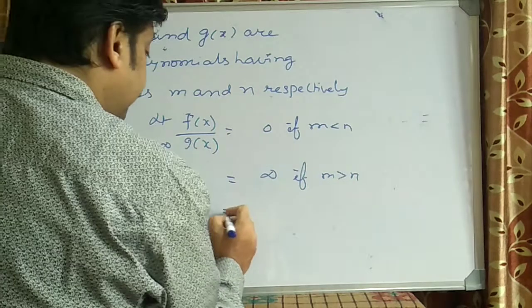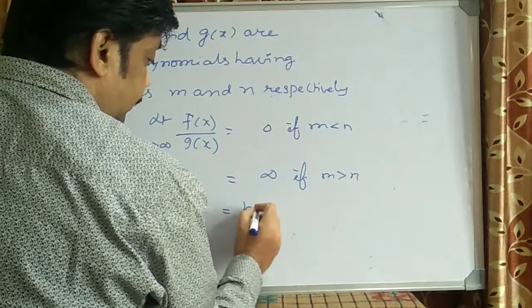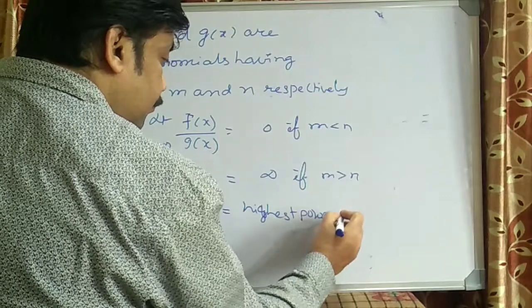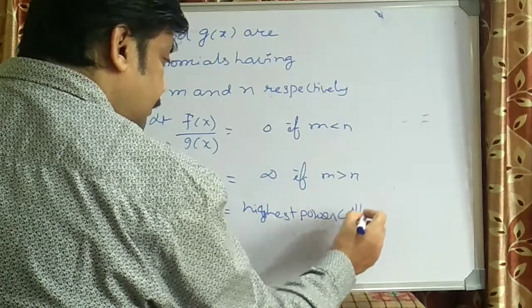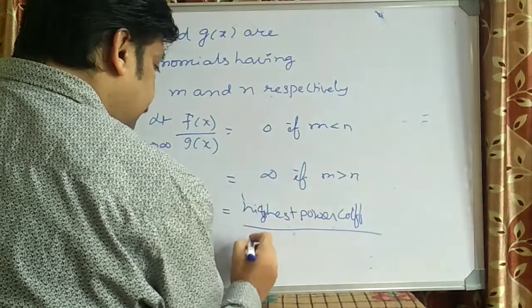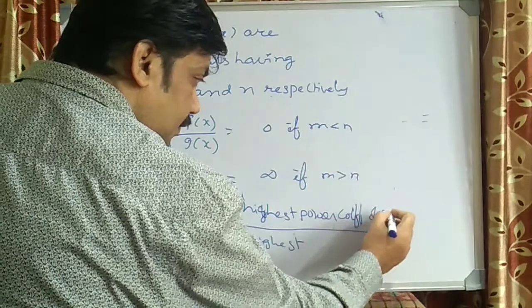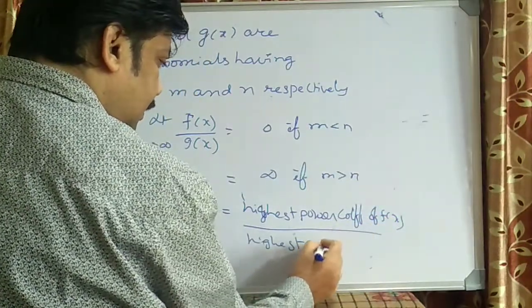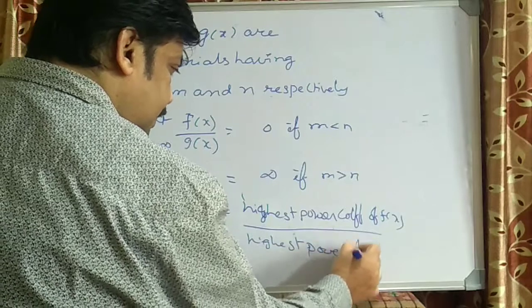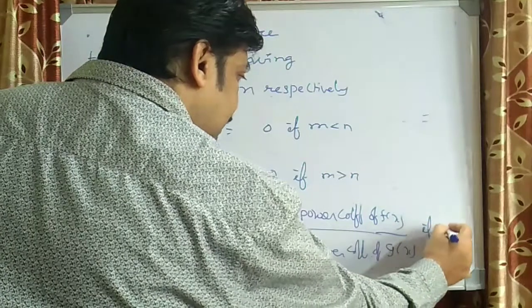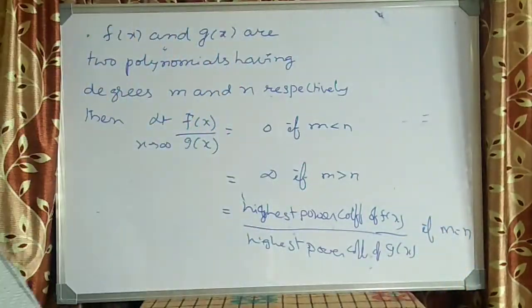That is equal to highest power coefficient of f of x by highest power coefficient of g of x, if m is equal to n. If the numerator and the denominator have equal degrees, then we apply this format.